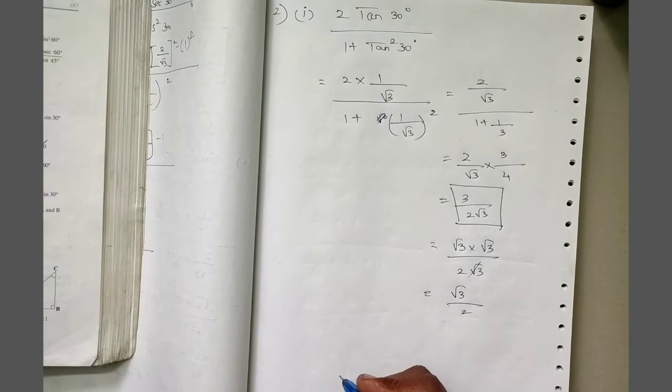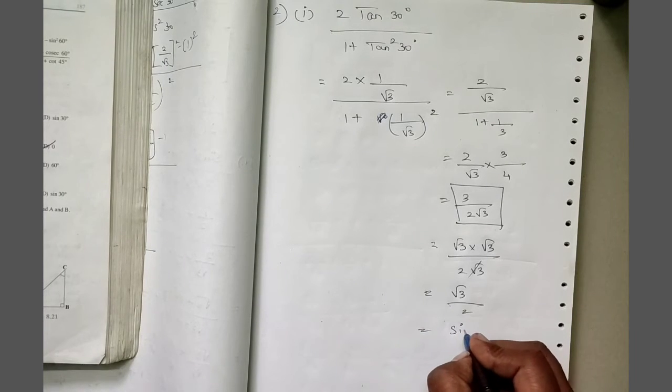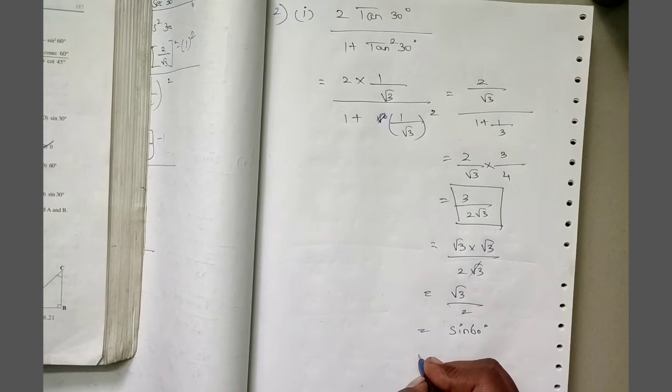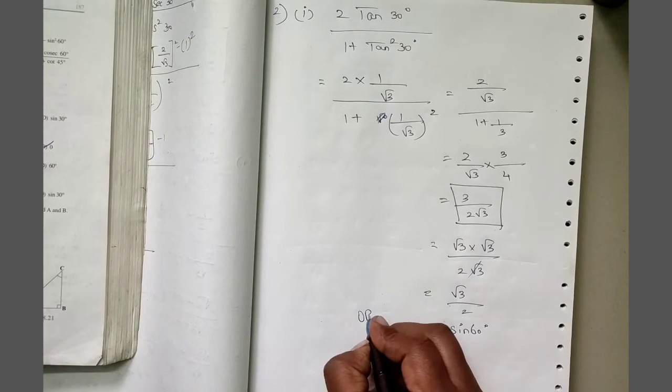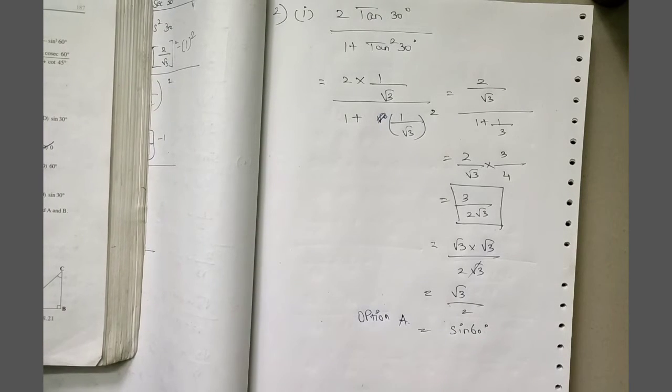So from the given options, we have the value as sin 60 degrees, and option A is the correct answer.